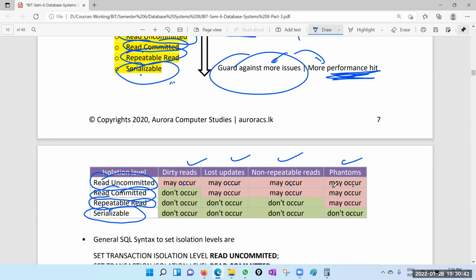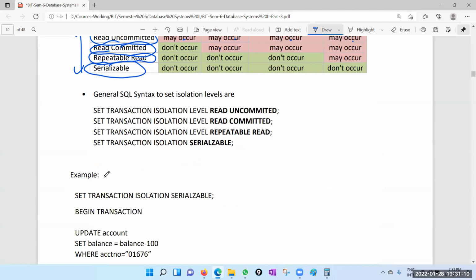You don't have much control against those possible issues. Usually databases go for serializable, but you must know the 4 levels because in the exam they have asked these things, and you must know in which level which things are guarded, which things are still open.